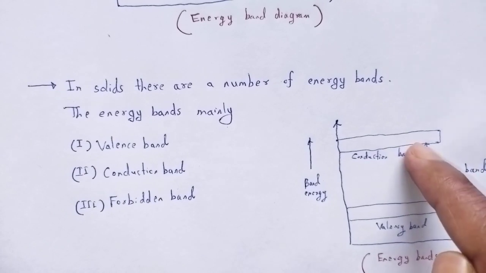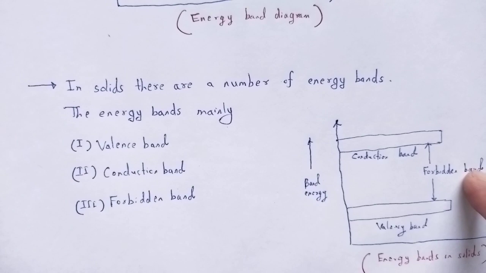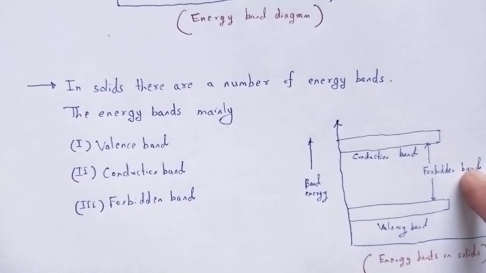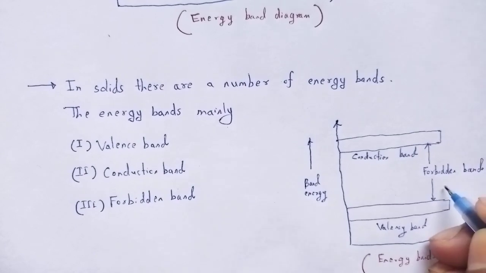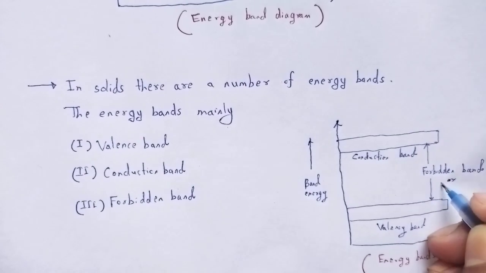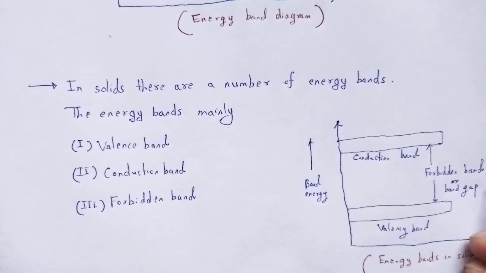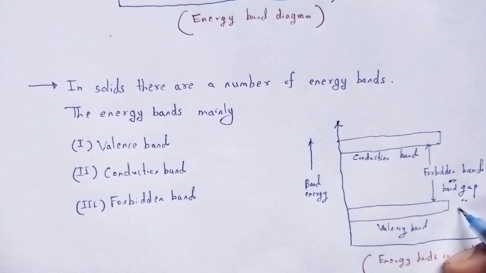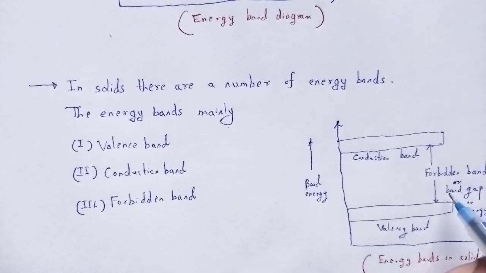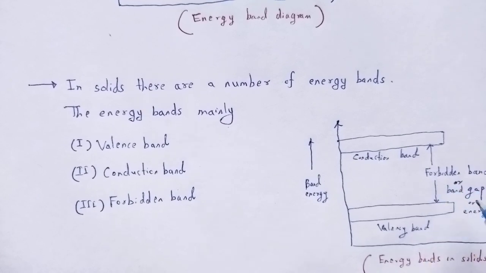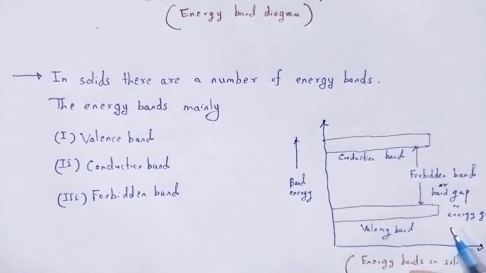The forbidden band in between conduction band and valency band, we also call it the band gap or energy gap.